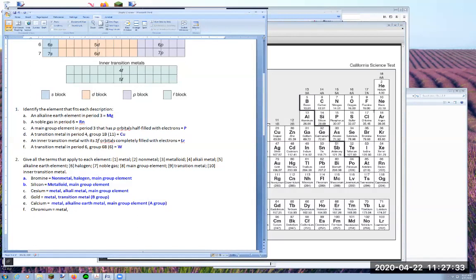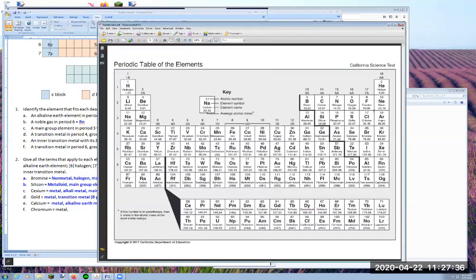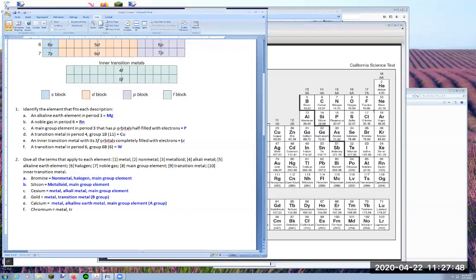So what is it? Does it have a particular name like alkaline metal, alkaline earth metal, transition metal, or inner transition metal? Yes, it's a transition metal because it's in those B groups. Transition metal. It's in the B groups or D block.